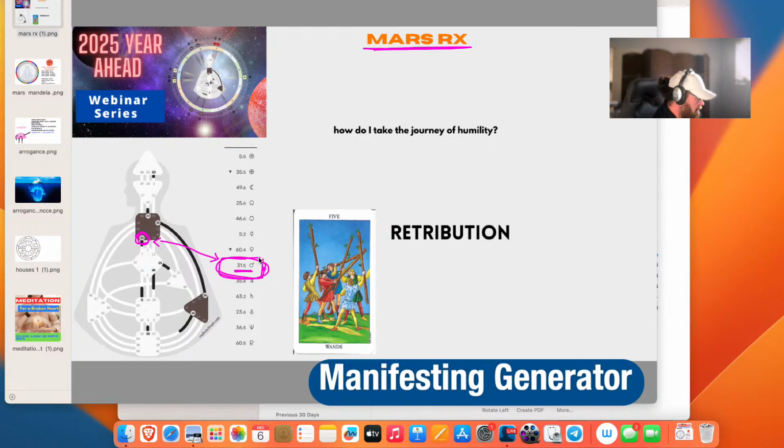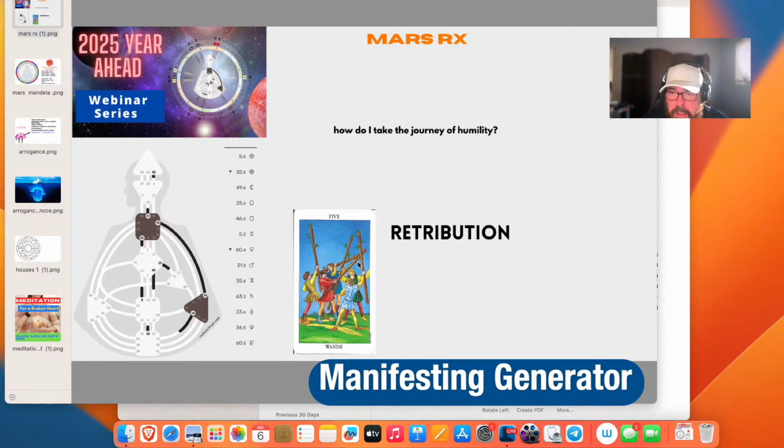Okay. Well, you got two. Okay. So the manifesting generator's got the no accountability card. And then for guidance, the Ace of Pentacles, and then the Ten of Cups. Right there.